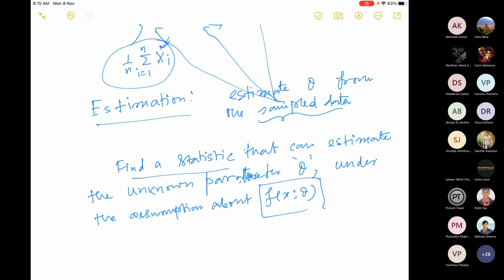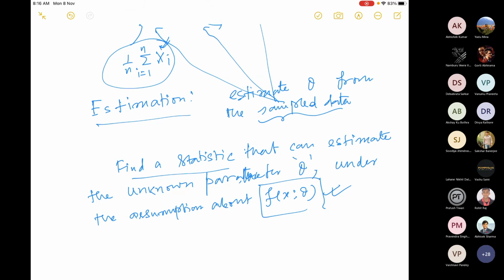But here, what we can do in this course is, okay, suppose it is normal kind of. So if I make this kind of assumption, then our job is, okay, what is the statistic? So in the normal, for example, or any other distribution which has a very nice, simple formula, this f has a very simple form. Then the question would be, okay, find a statistic.